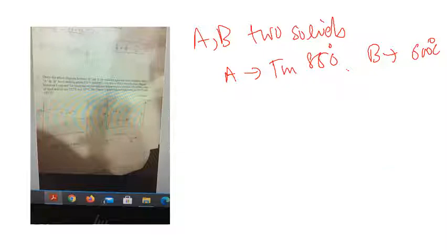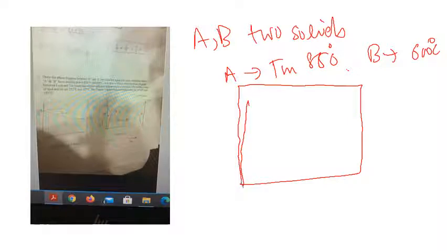This is my temperature axis. First of all I will draw a box, and let me draw the composition here. It is 0% here and 100% here.